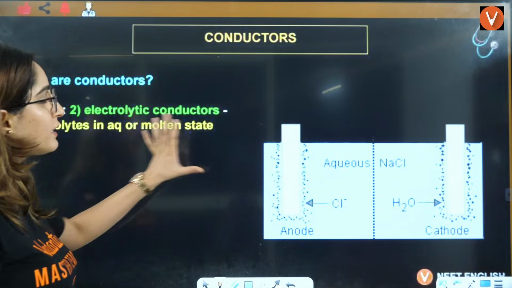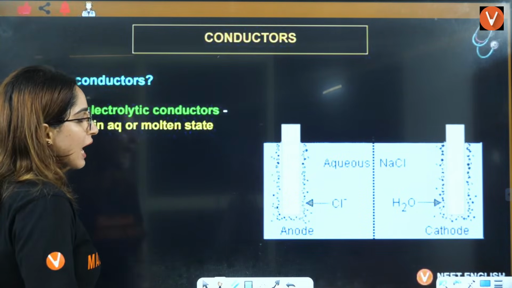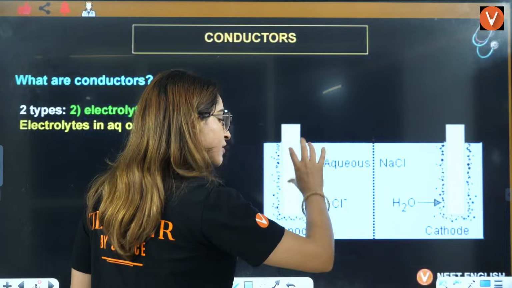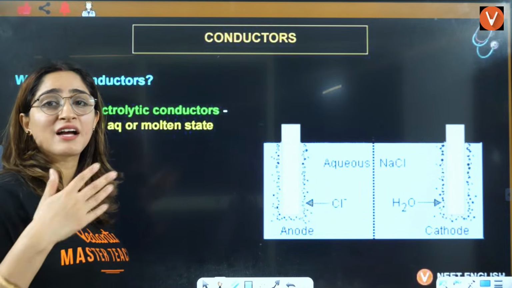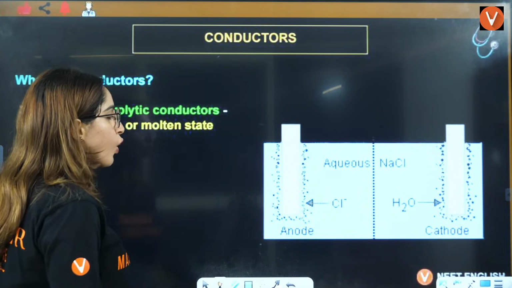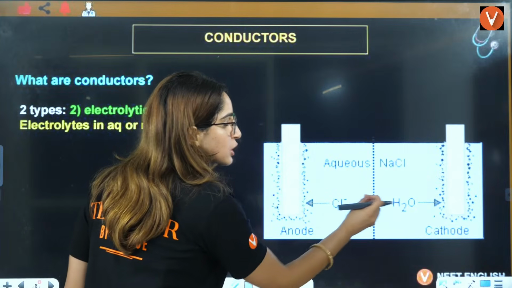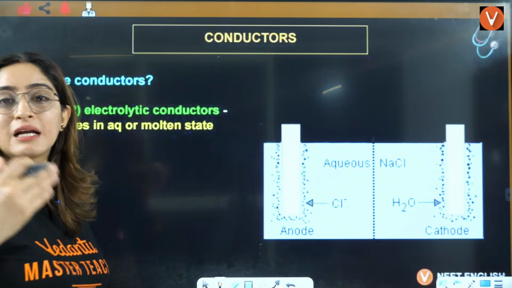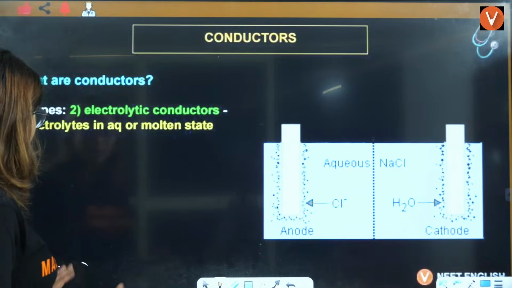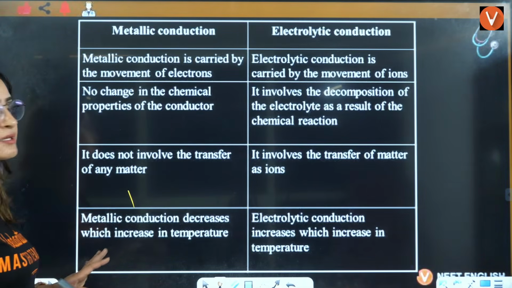And in electrolytic conductors, you will have electrolytes and some reactions going on here. Because of the ions in this solution, the current will flow. So the reason is ions.